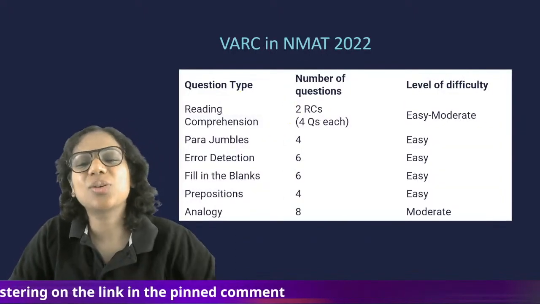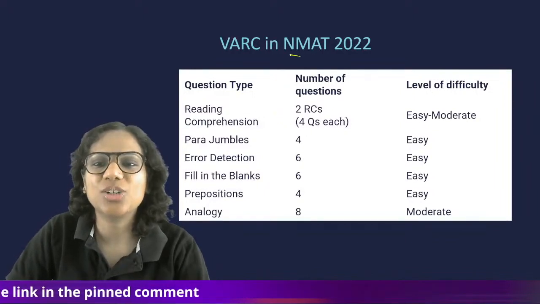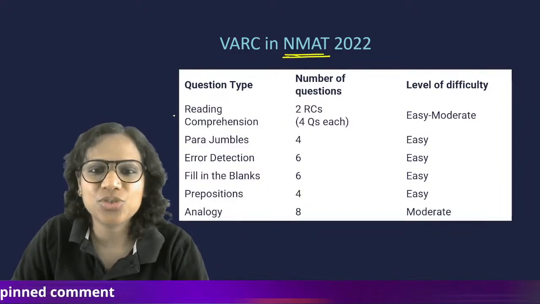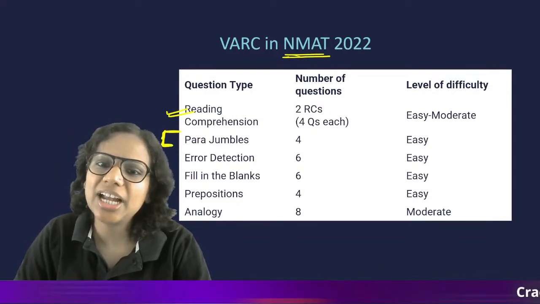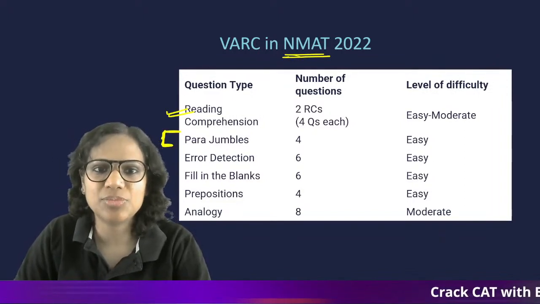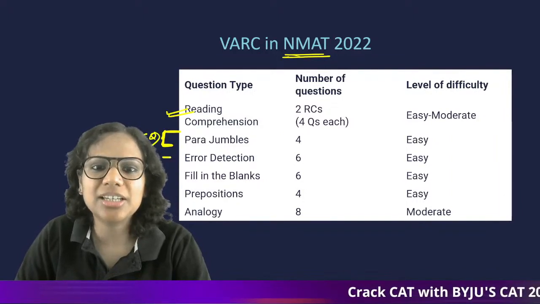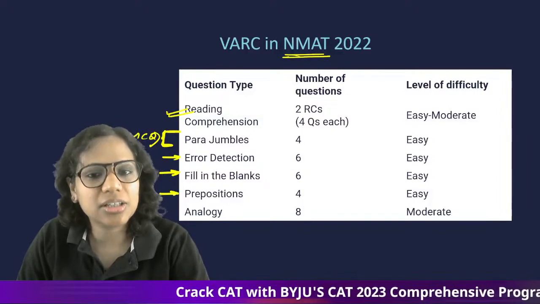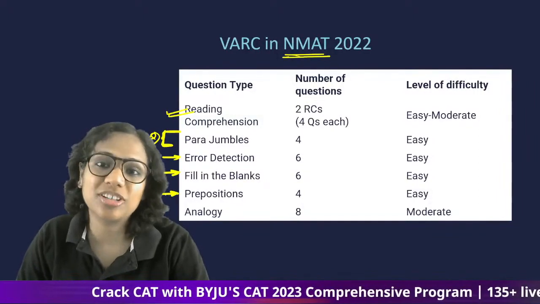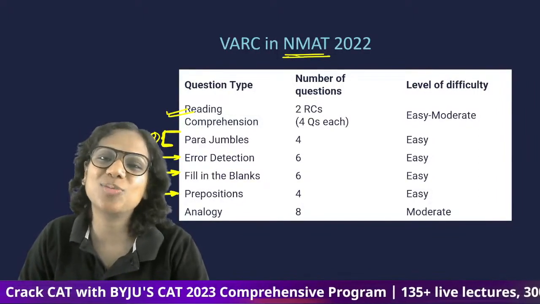These are the additional question types that are introduced when I talk about NMAT. Reading comprehension is there in CAT also. Parajumbles is there in CAT, but here you have options, so these are MCQ parajumbles. Then grammar comes into the picture, vocabulary comes into the picture. NMAT is popular for asking preposition based questions almost every year.